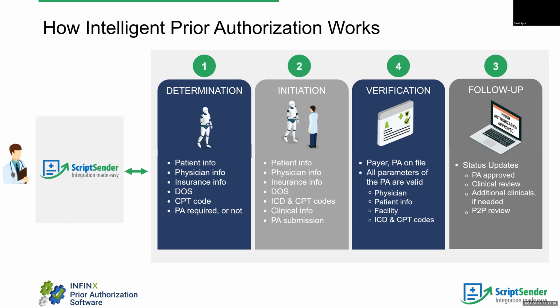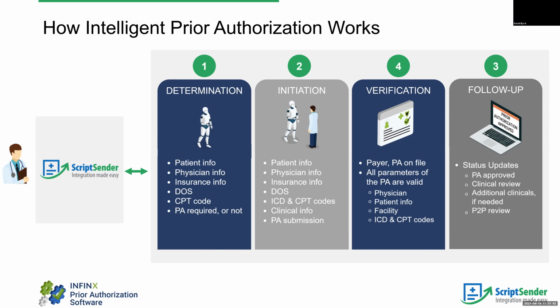Whether the clinicals are needed, what specific information is needed for that payer. Once that's determined, we submit it, we identify that the payer has received it, it's on file, and that it's being processed.